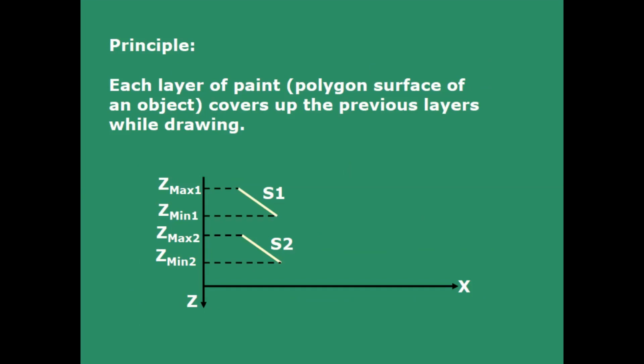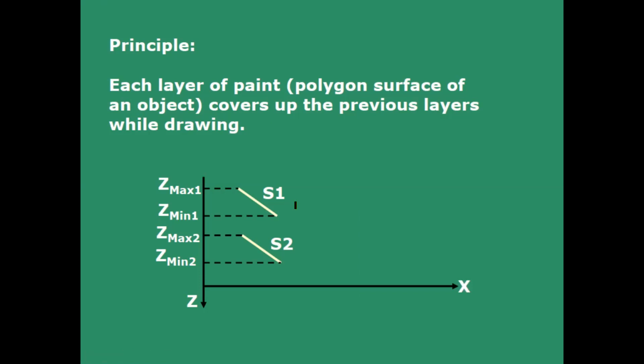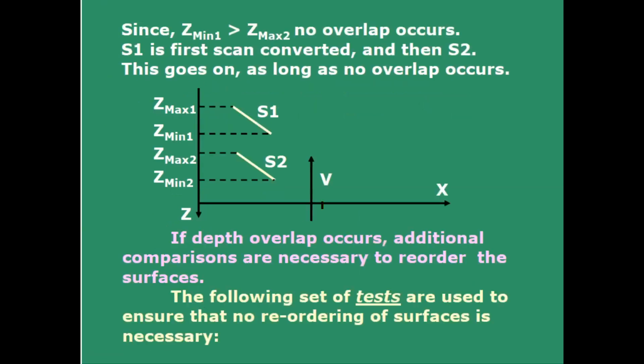You can see from this figure, we have two surfaces, surface S1 and surface S2, and we can easily see that surface S1 is behind surface S2. Now how do we decide which surface is visible and which is overlapped behind another? Here we are taking the x-axis and z-axis. We can see that z min 1 is greater than z max 2.